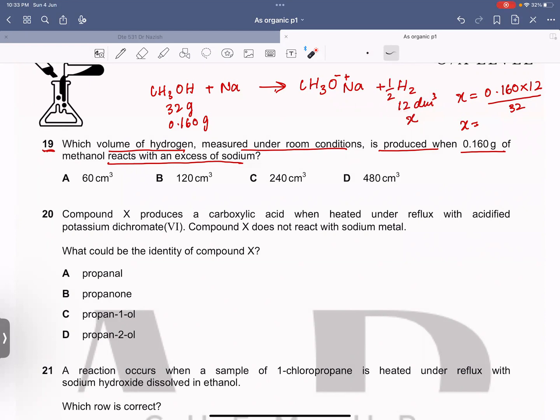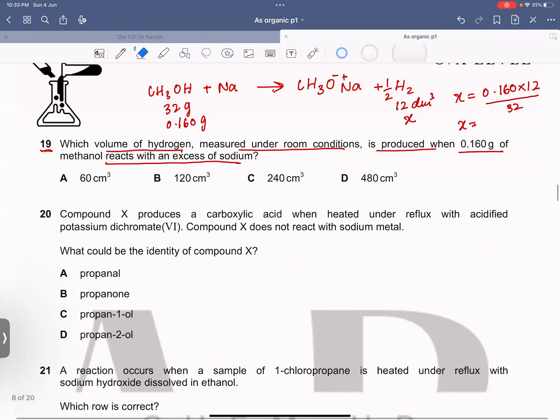Okay. 1 mole of a gas occupies 24 decimeter cube, and here we are getting half mole of a gas, so half mole occupies 12 decimeter cube. That's how I will take out this volume, 12 decimeter cube.